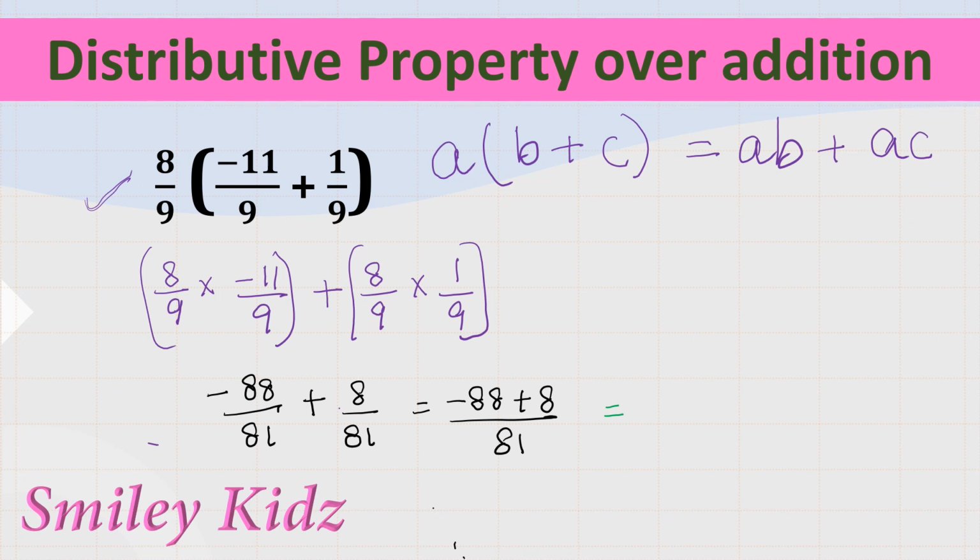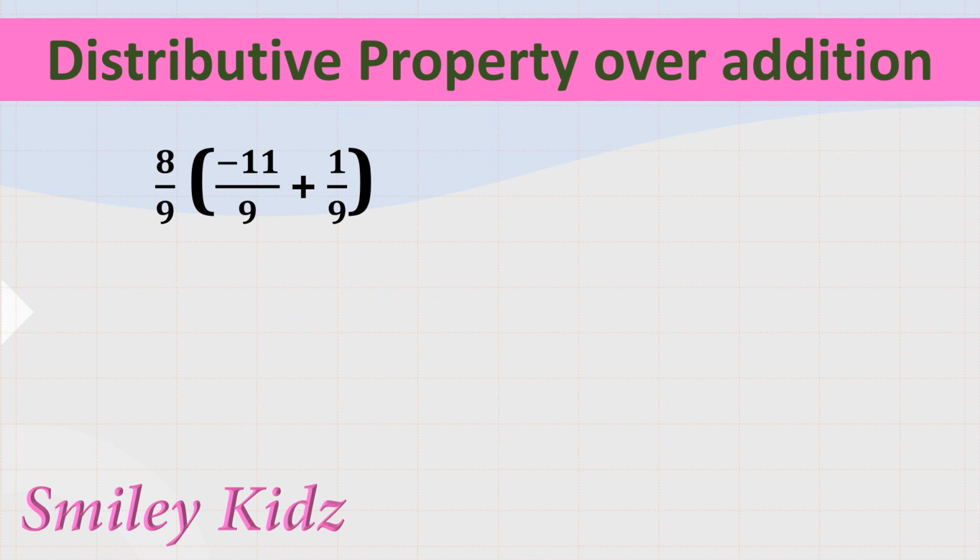Here we are having different signs, so we will be subtracting, which is equal to minus 80/81. So the answer is minus 80/81. When we solve this example, we got the answer as minus 80/81.